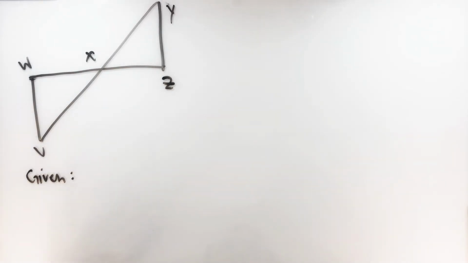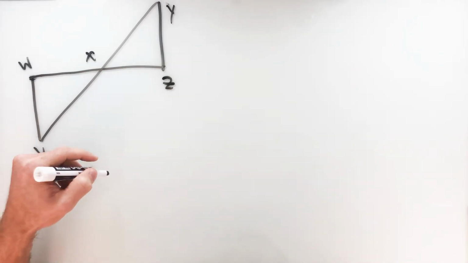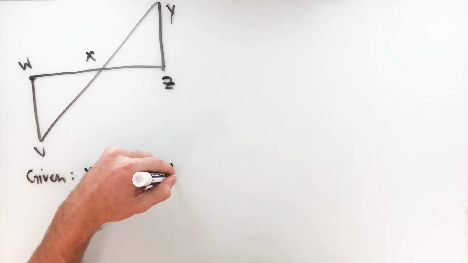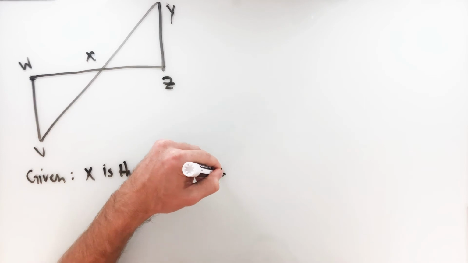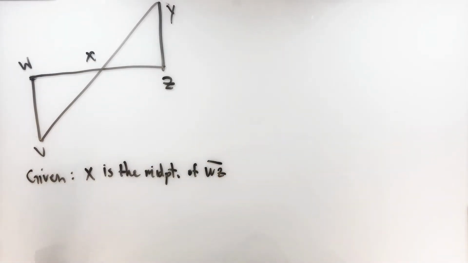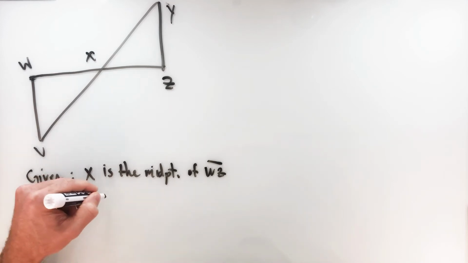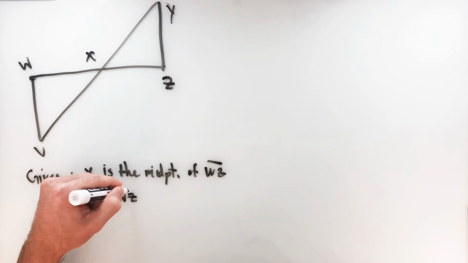So in the setup here, we're going to be given a couple of things. First, I'm going to say that X is the midpoint of WZ. And then we're going to say that WV is perpendicular to WZ.